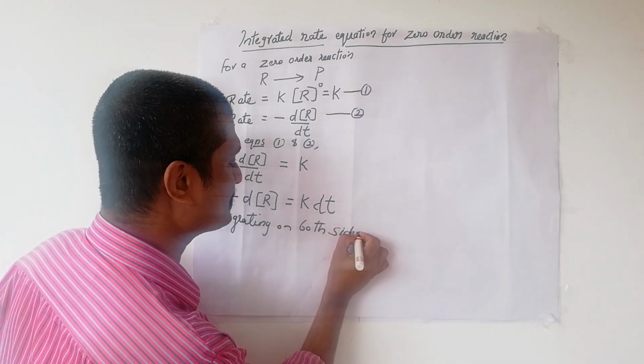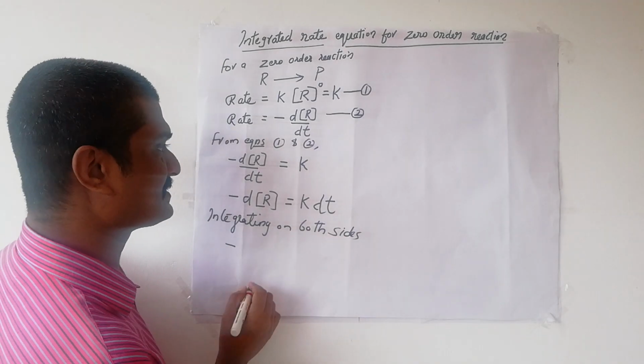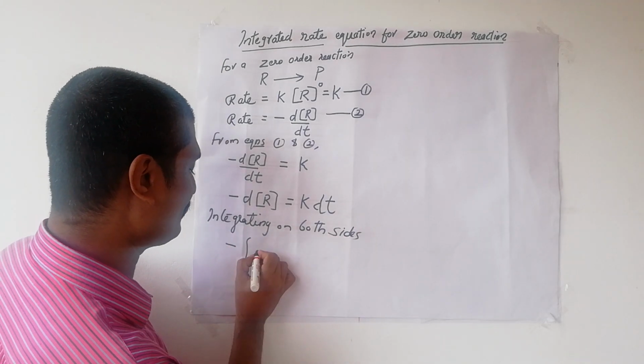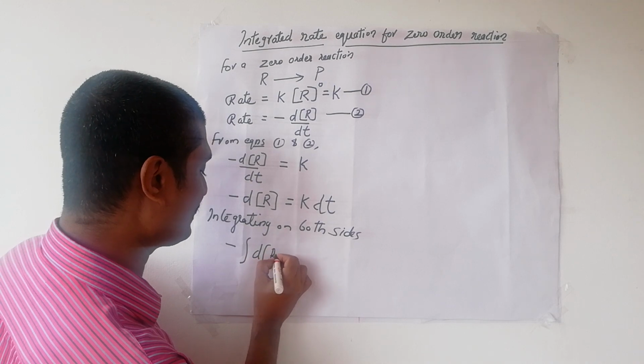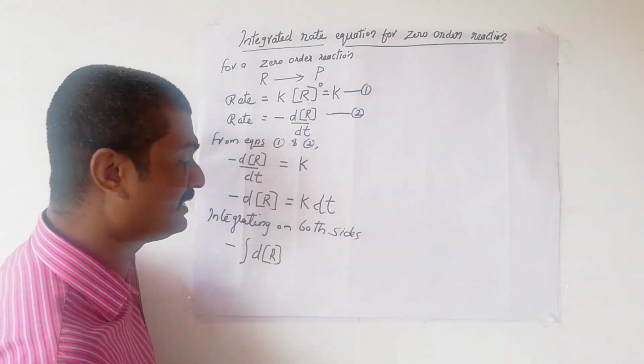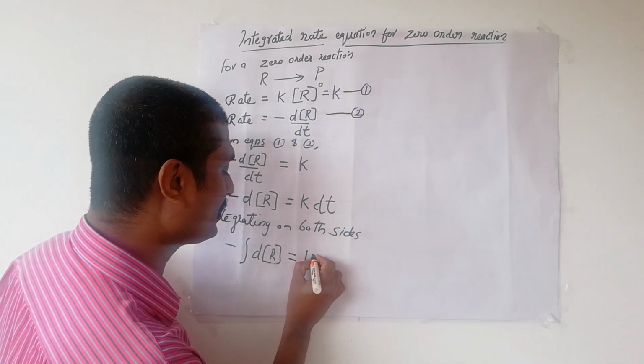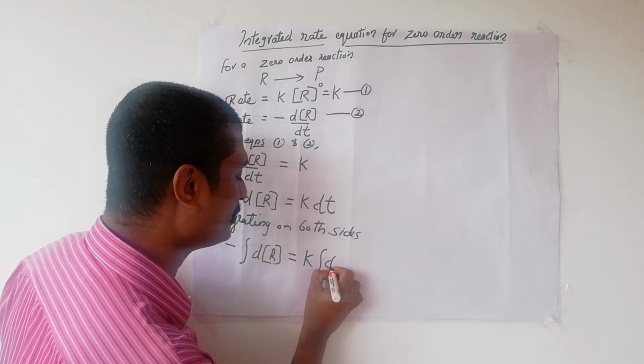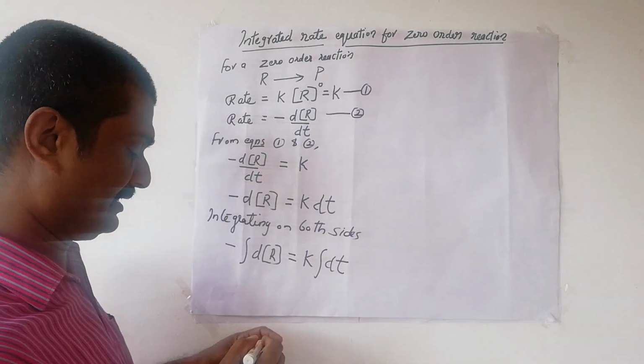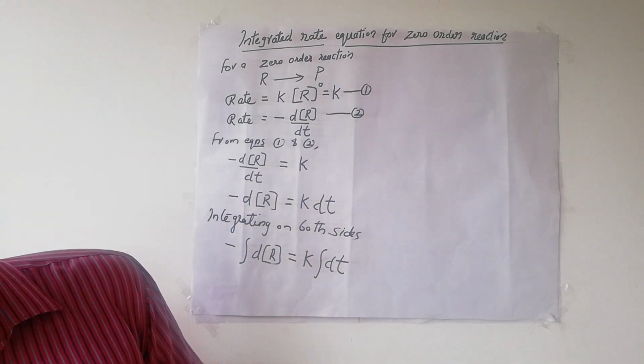Integrating on both sides, we get minus integral of dR equal to K, the rate constant, into integral of dt.